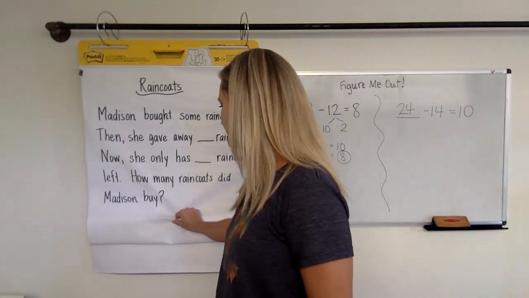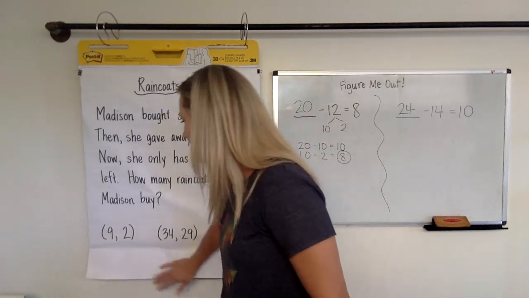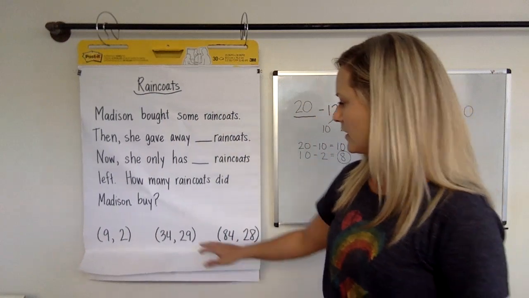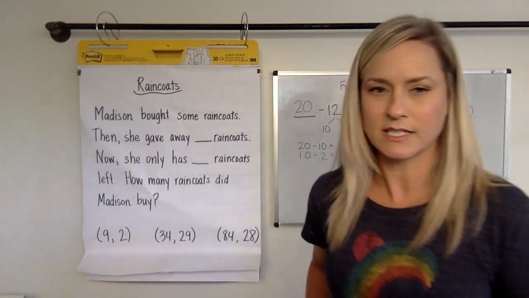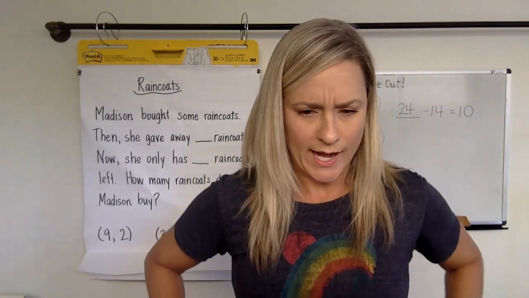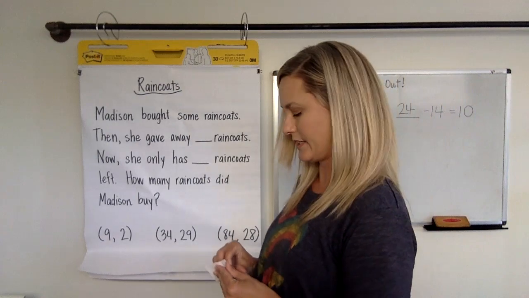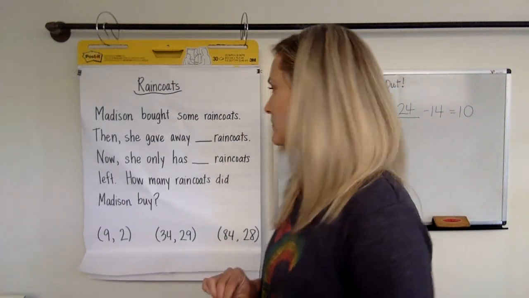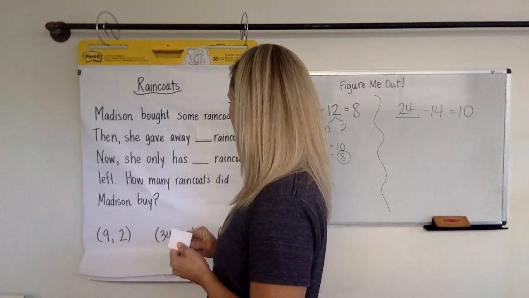How about that? All right, our numbers are 9 and 2, 34 and 29, or 84 and 28. Okay, so I think I want to think about this with 9 and 2. So I'm going to put a 9 on that sticky and a 2 on this sticky.